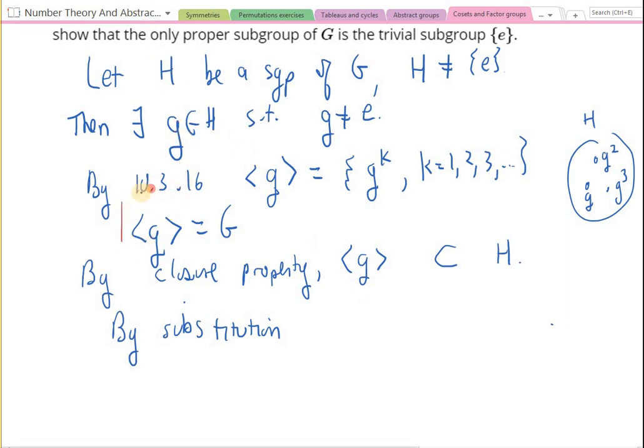How about this? You have this here, and you have this here.